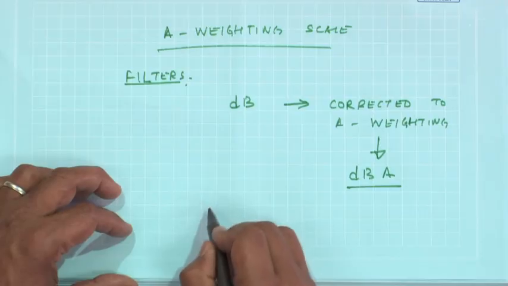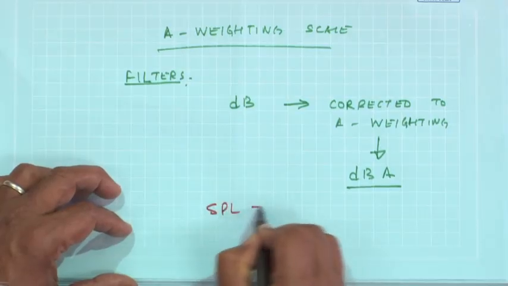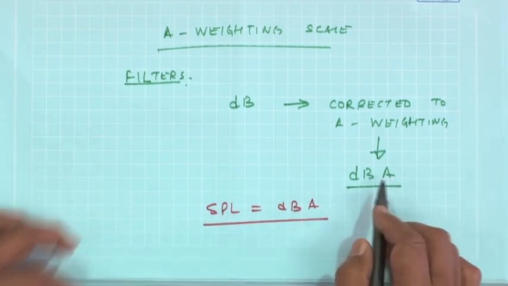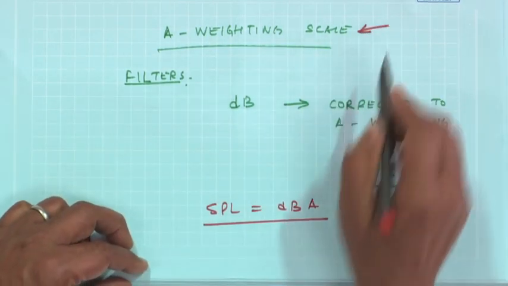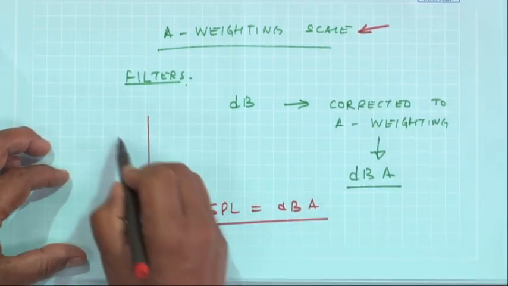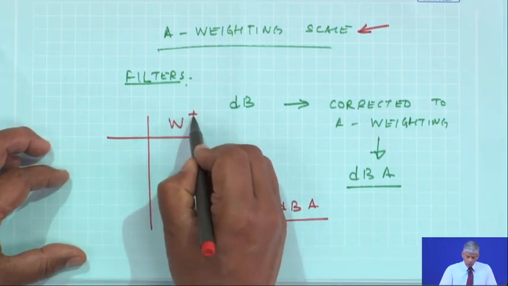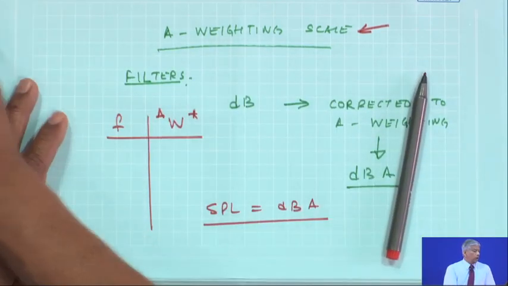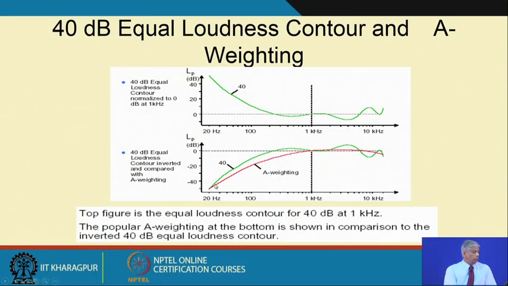Actually, the international standard now is that everybody represents SPL in dBA. This is nothing but a weighting scale, and these A weights are a function of frequency. You will see in many handbooks people have given equations for this A weighting, but traditionally people used filters.